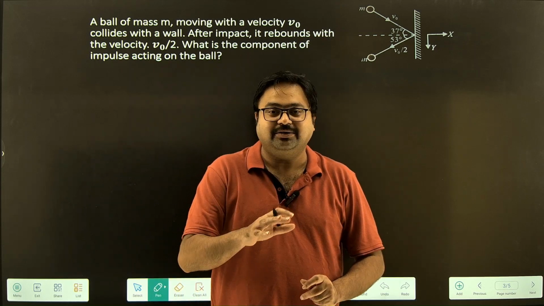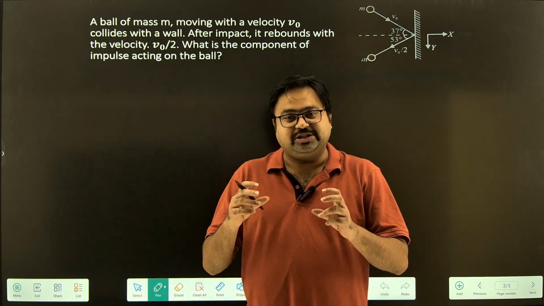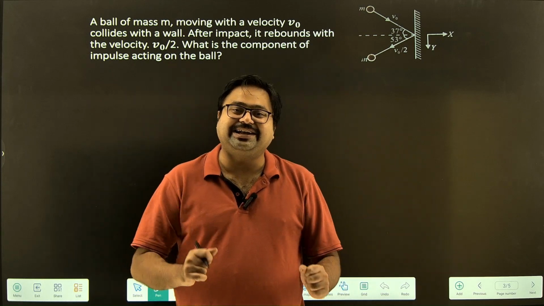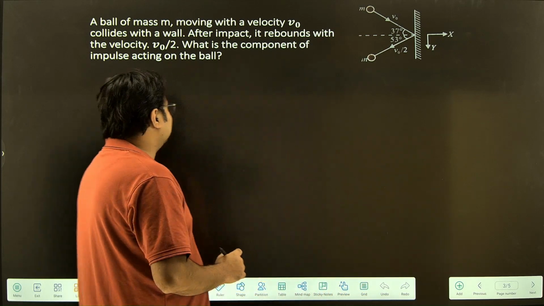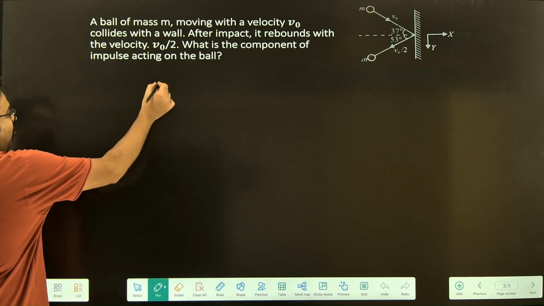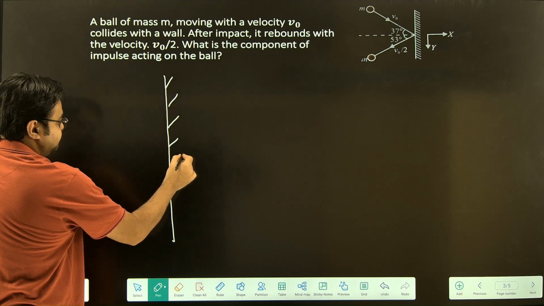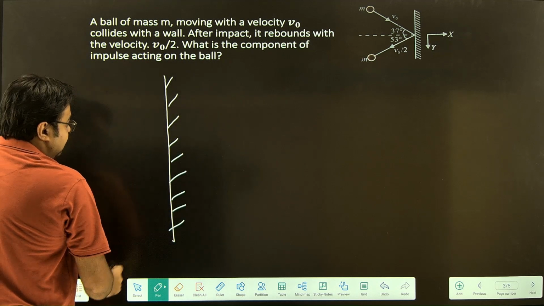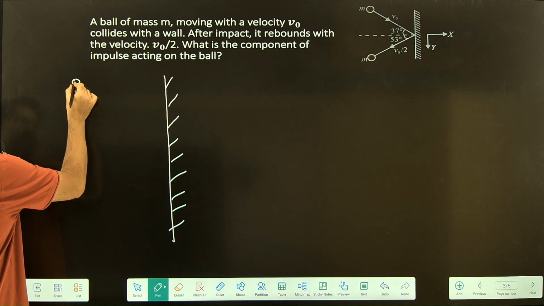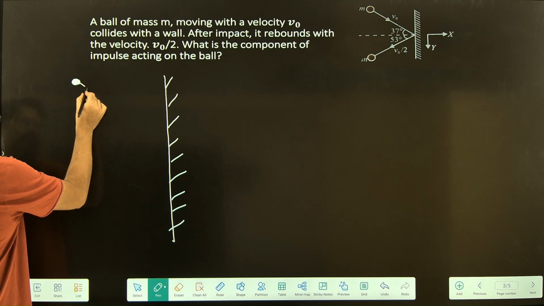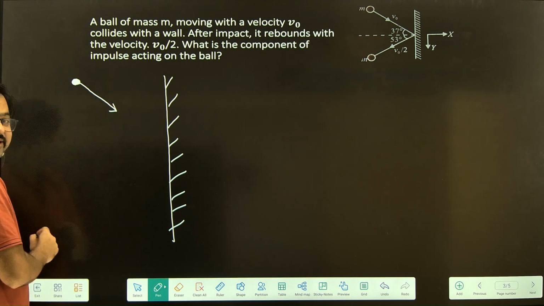So let us write down the same scenario with respect to its momentum and its impulse. This is exactly like the free body diagram. Let's give it a try. We have the wall here. That is the wall. The ball is initially heading in this direction.